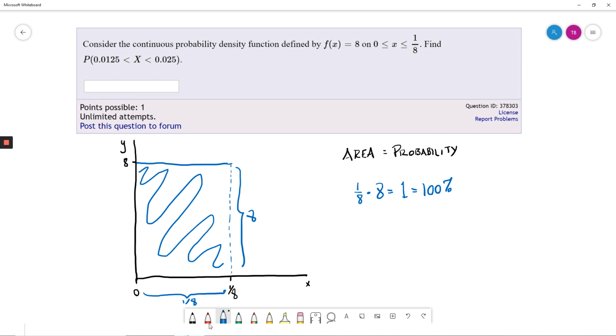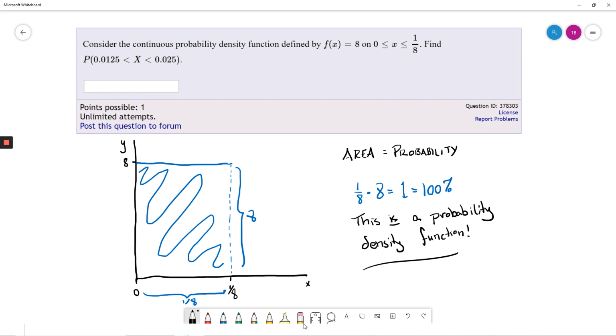We're just double checking. So this is a probability density function. Okay, that's what we were looking for. But that's not actually what the question's asking. That's just our own sanity check here.